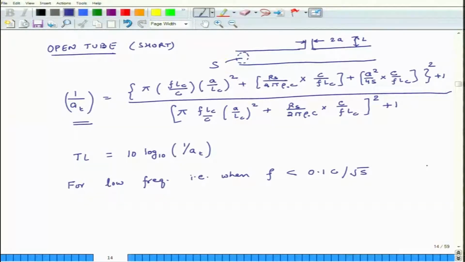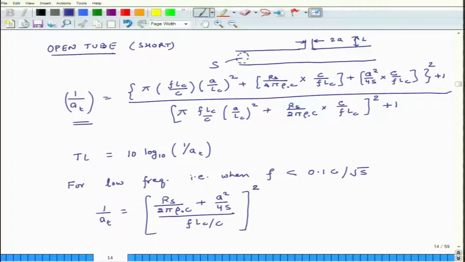If that is the condition, then I can make some approximations in the numerator and denominator, and the expression becomes much simpler. In that case 1 over AT equals R_S divided by 2 pi rho naught C plus A square by 4S, divided by F L_C by C, and this entire thing is squared.